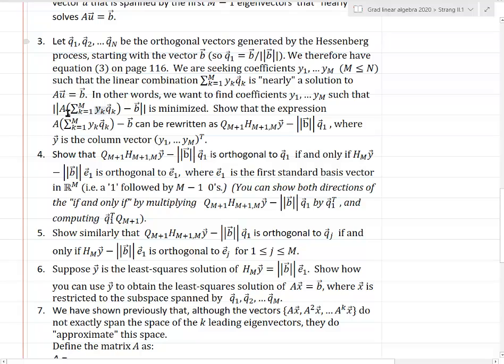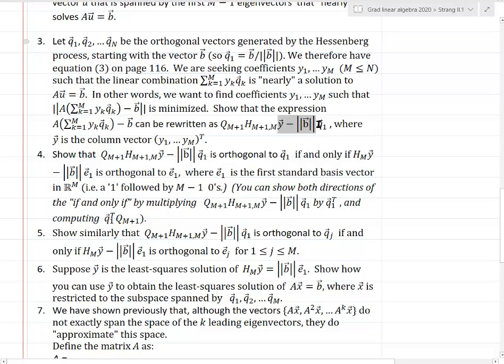Okay. Now, show that the expression A times this linear combination minus b can be rewritten this way in terms of these matrices. Q_{m+1} is the matrix that has m plus 1 columns, and the m plus 1 columns are the first m plus 1 of these orthogonal vectors. H_{m+1,m} is defined in the chapter, so you can use the equation in the chapter that involves H_{m+1,m}.